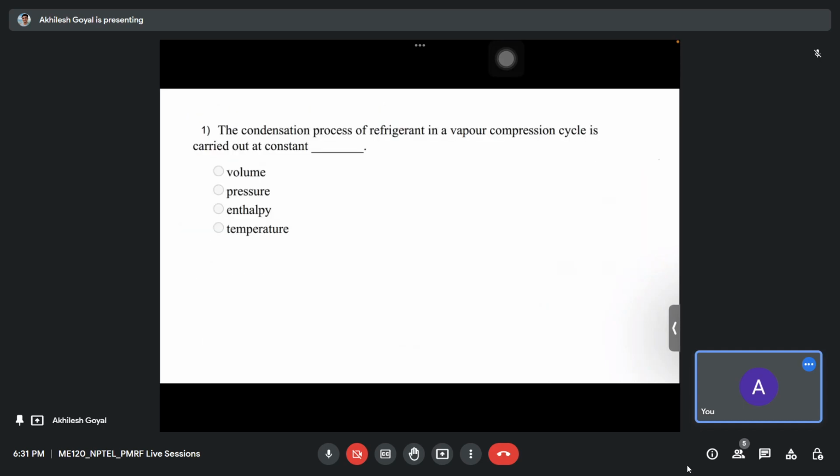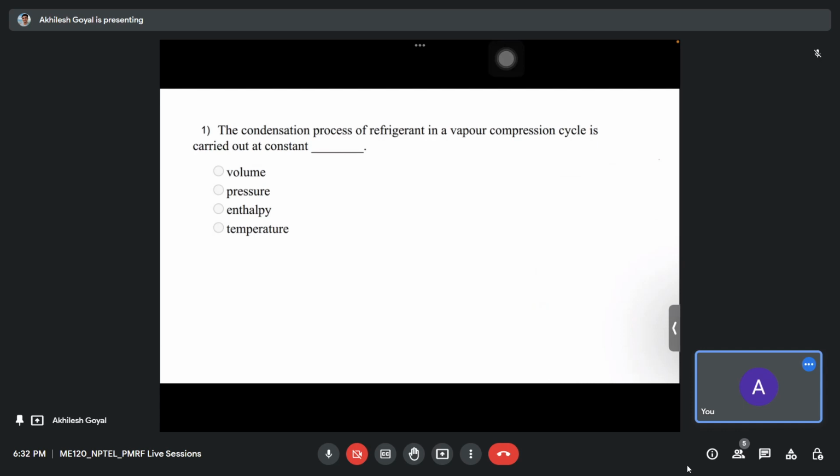Okay, so now the first is: the condensation process of refrigerant in a vapor compression cycle is carried out at constant blank space.